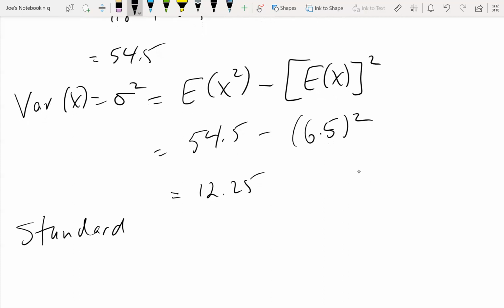So you led me right into it. The standard deviation is the square root of the variance. It's not really undoing the squaring, but it's a way to undo the squaring.